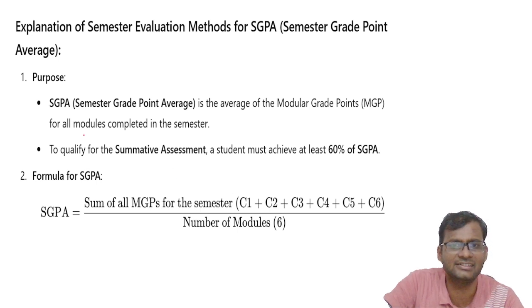Here is an example. Sum of all the MGPs of the semester: C1, C2, C3, C4, C5, C6. Here we have 6 modules. So the individual modular points you have to add and divide by 6, because we have a total of 6 modules.